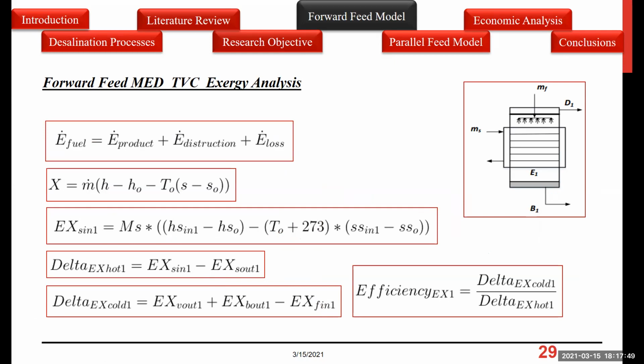Excuse me, doctor, what is the difference between production and destruction? Actually, the way that this expression is written is not in its best shape.